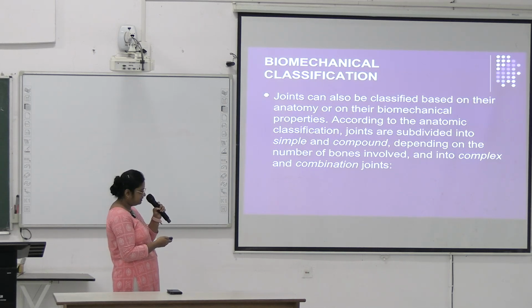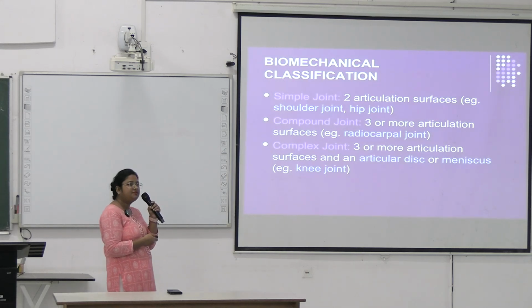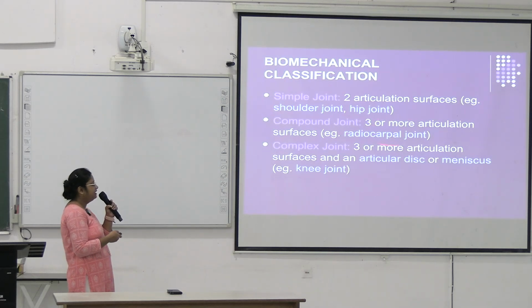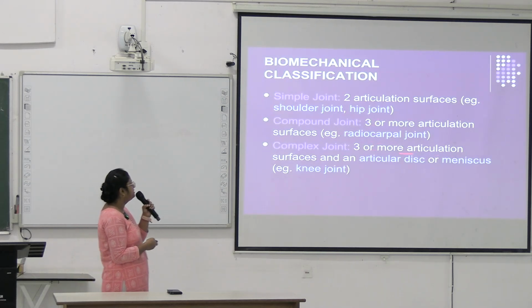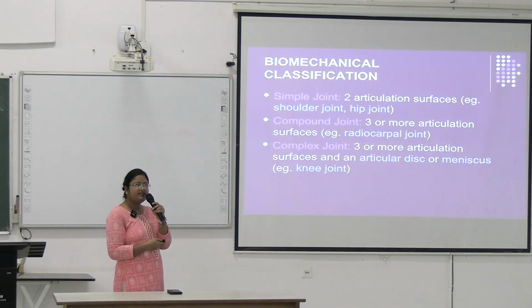So, simple joint, two articular surfaces, shoulder joint and hip joint are the examples. Compound joint, three or more articular surfaces, radiocarpal joint. Complex joint, three or more articular surfaces, and an articular disc or meniscus is present: knee joint.